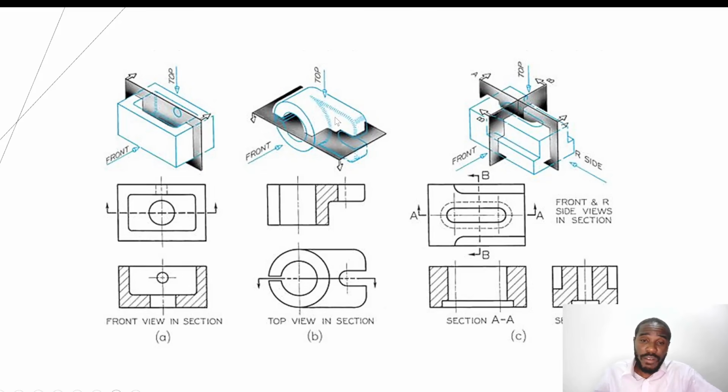And then you have another section in there. Just take your time to look at it. This is the plan, and that looks like the front elevation. Yes, this is in first angle projection because the plan is under our front elevation. You see the cutting plane there, and you're looking down, and what you see is this, where the part the plane has cut is hatched to show that it has been cut.